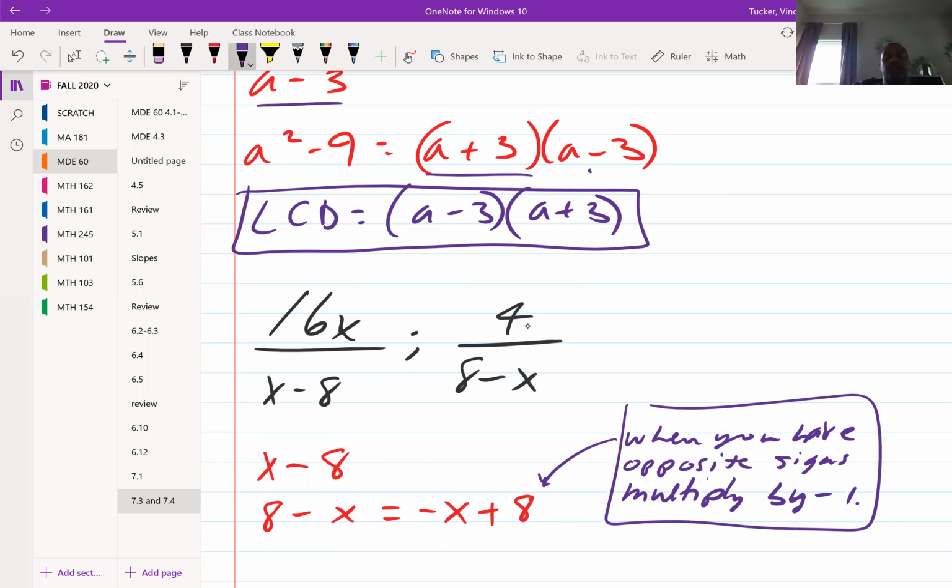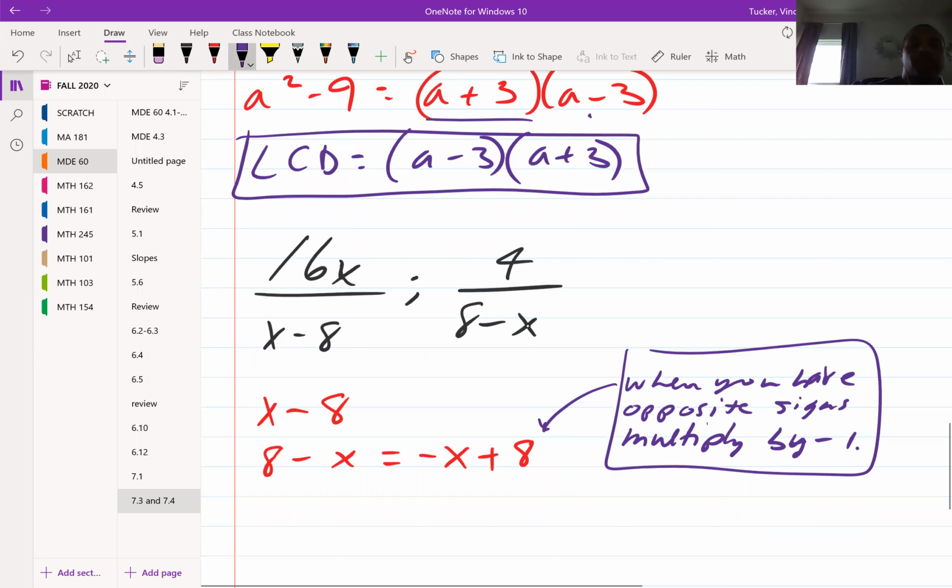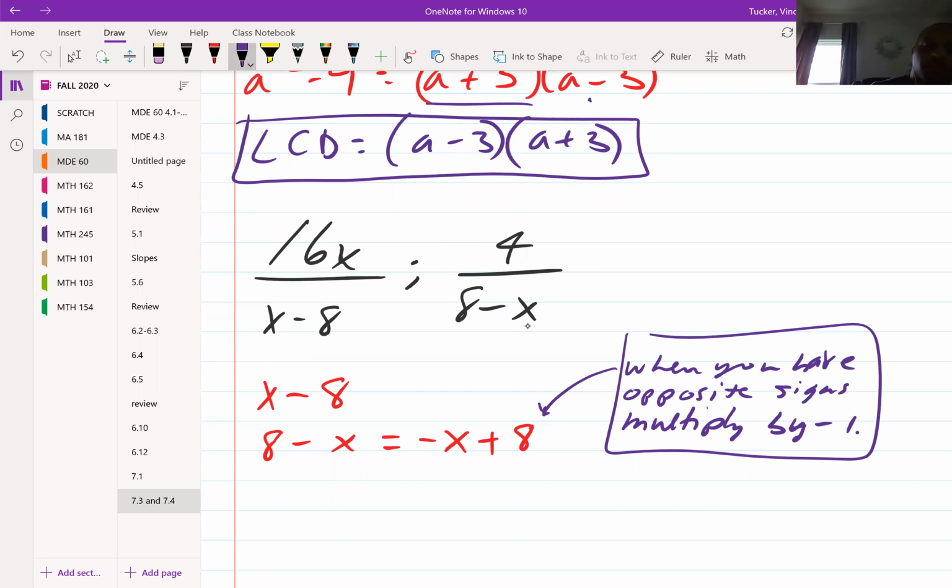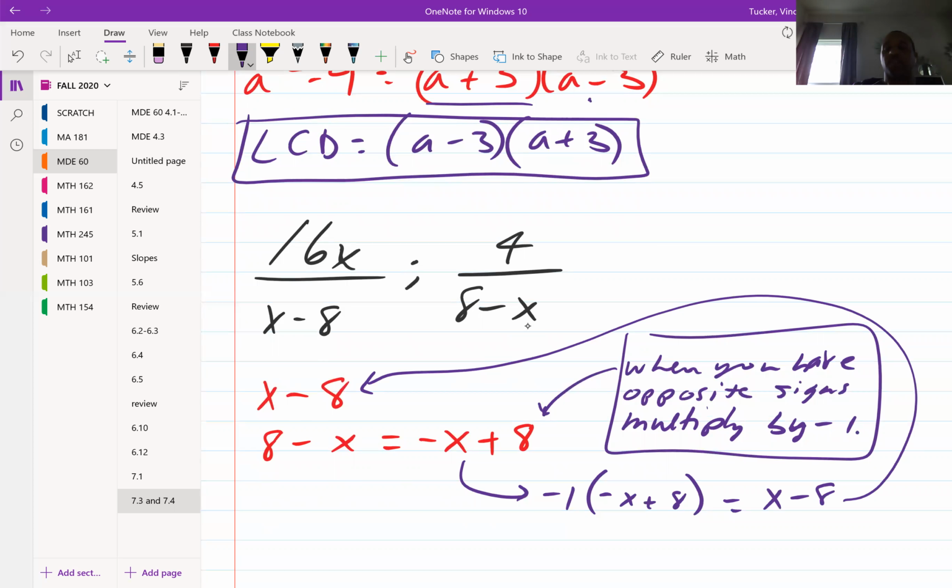So when you have opposite signs, we can multiply that by -1, and that will give us that same denominator that we have over here. So that's what we would do if we were trying to combine them. We would just multiply top and bottom by -1.